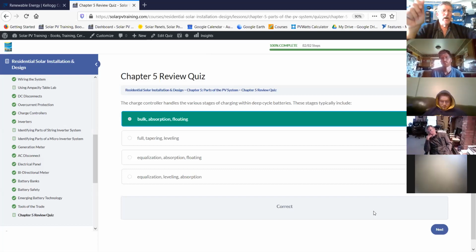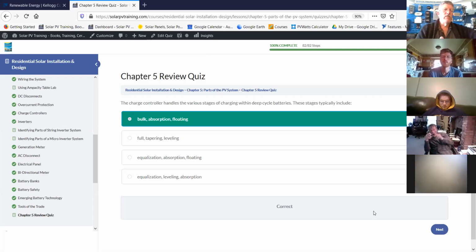So you're varying the width. And what that's doing under the absorption portion of the charge is kind of applying the brakes. It's not full on and then full off. During absorption, it's going to just taper it off. So that's the pulse width. By varying the pulse width, it slows down the charging.